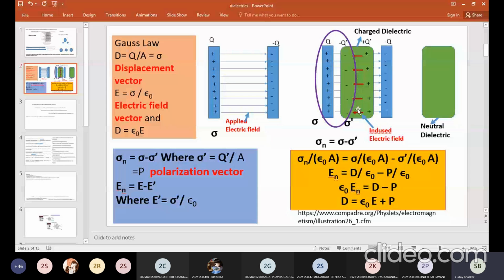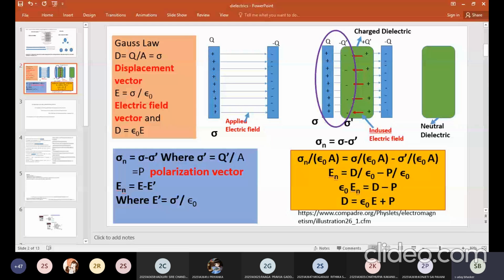That implies there will be some electric field, starting from the positive charge and moving towards the negative charge. These red lines are the induced electric field lines.